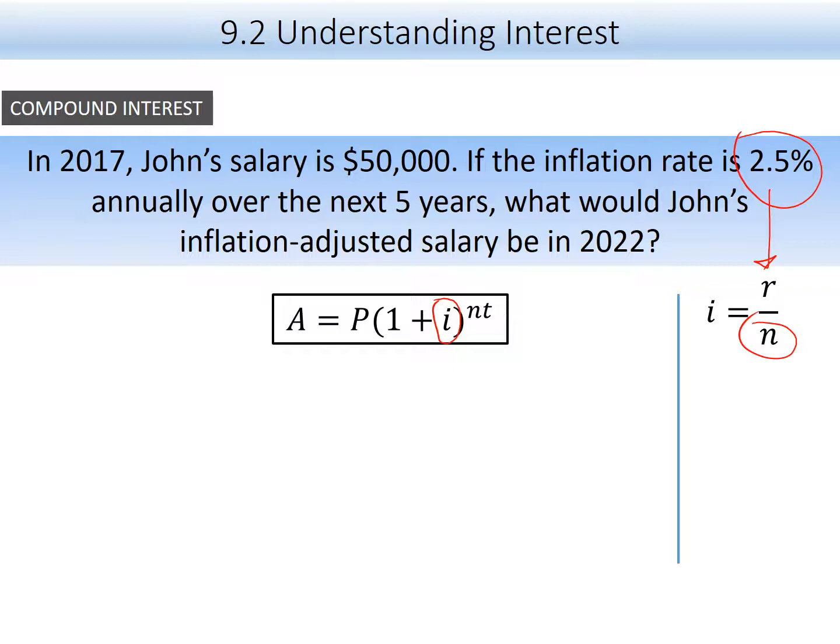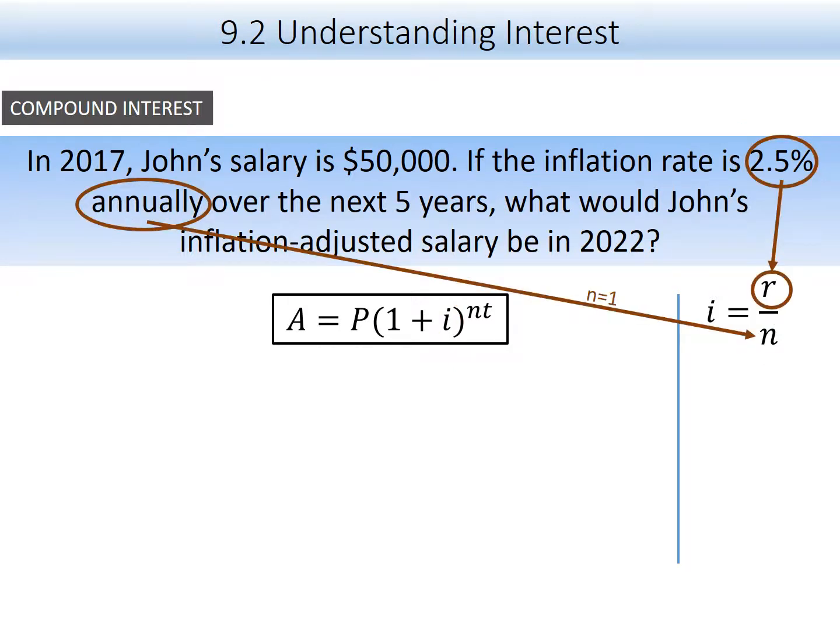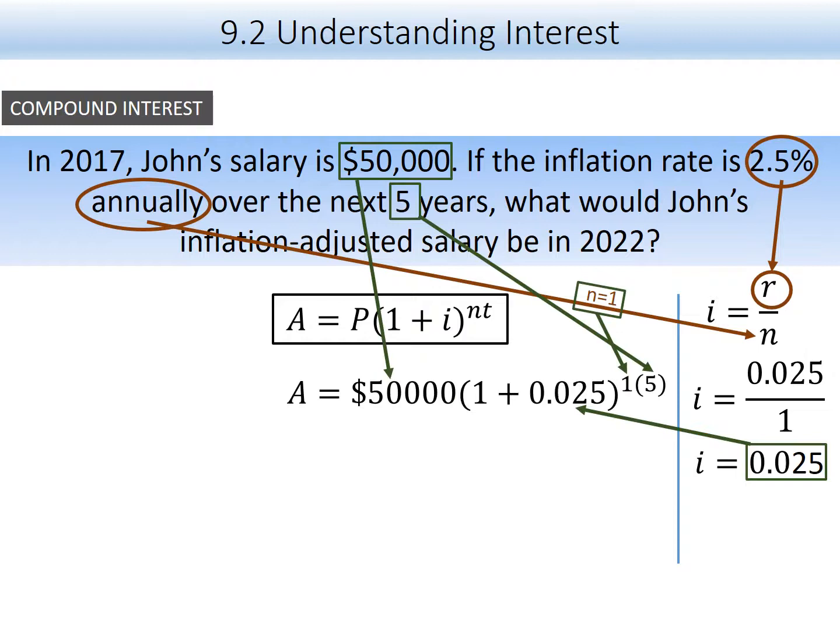And if we're doing this annually, the compound period would be just 1. And 2.5 as a decimal, you move the decimal 2 places to the left, and you get 0.025, and annually means you divide by 1. So little i is simply 0.025.